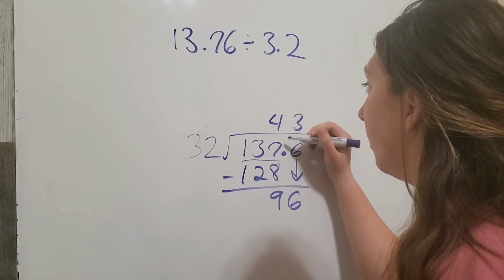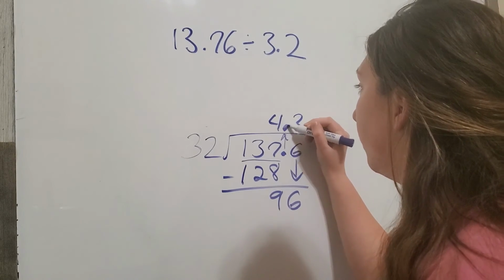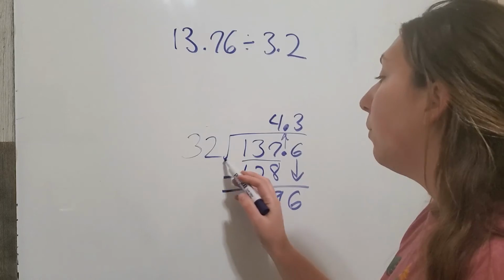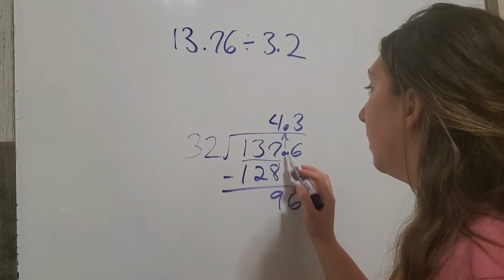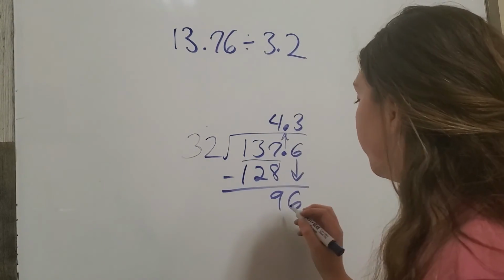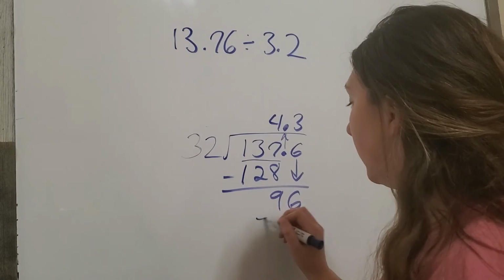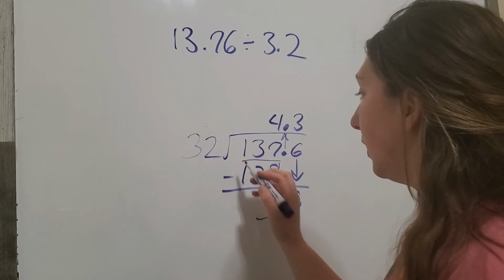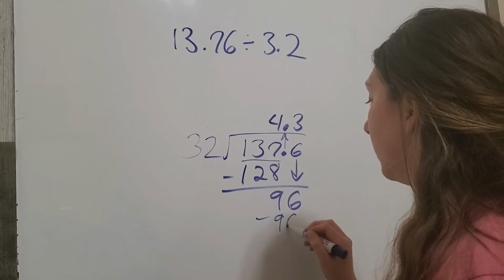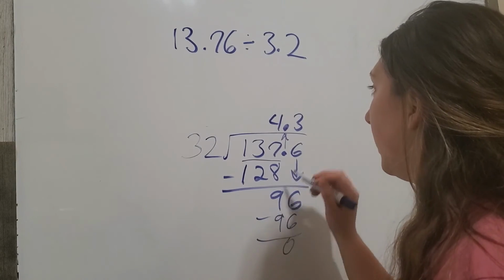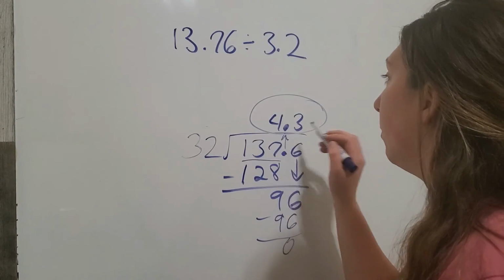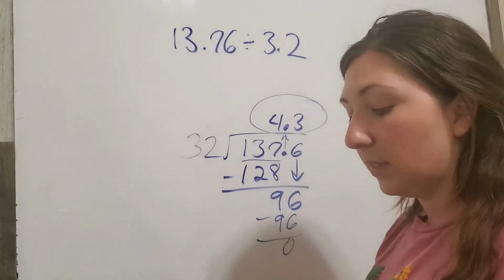Okay, see this decimal right here? We need to move it straight up. Now that we've made that a whole number, that decimal can go straight up now. Okay, so 96, 3 times 32 is 96. So 96 minus 96 is 0 like we need it. And our answer is 4.3.